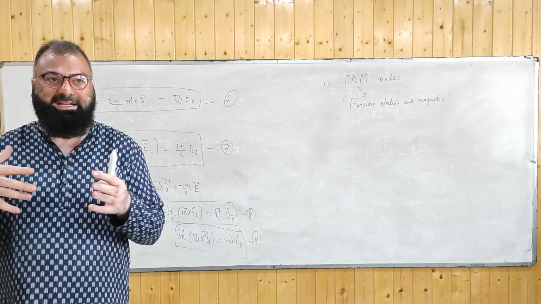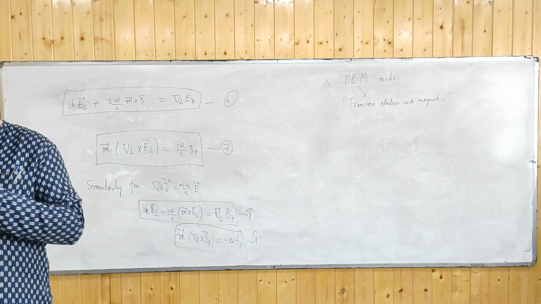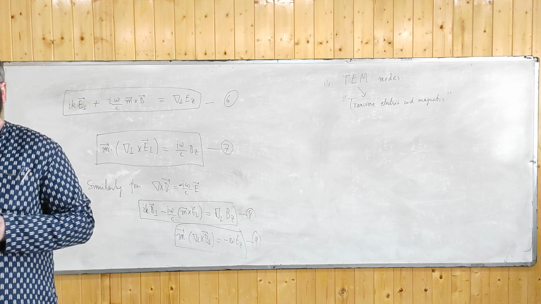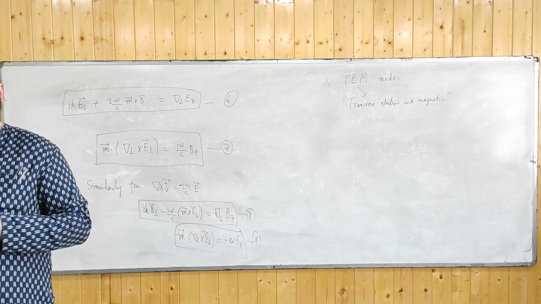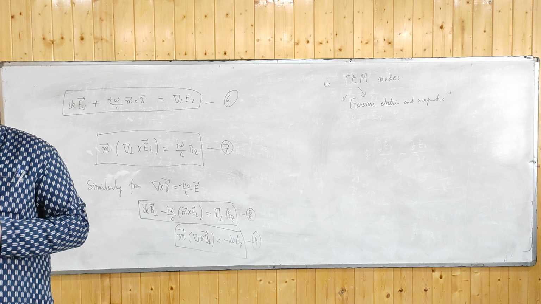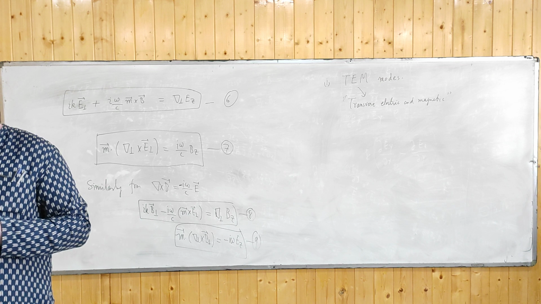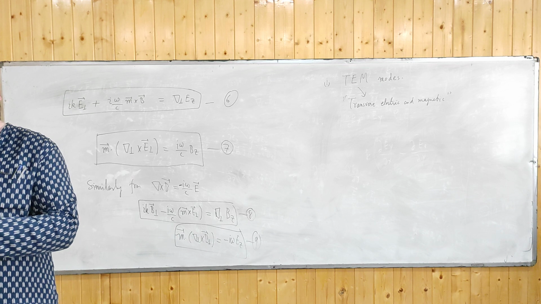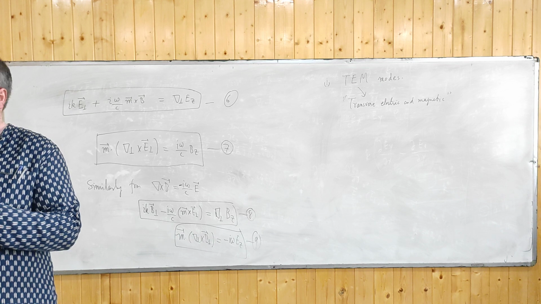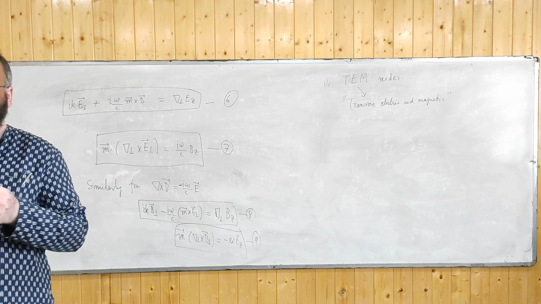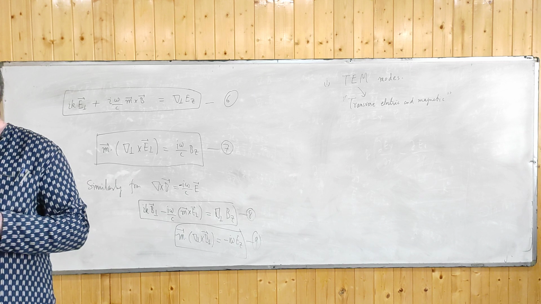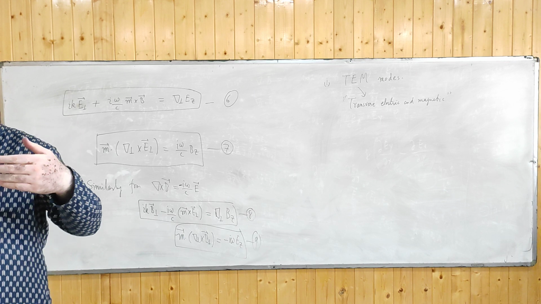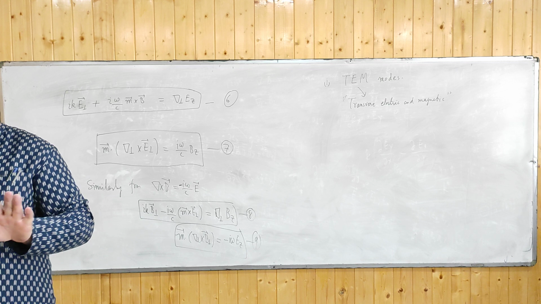So when you propagate a wave, let's say along this very tube, this conductor, let's assume only the transverse modes are surviving in the problem, is it? So what about the longitudinal modes? Those are Ez and Bz, is it? If I am assuming only the transverse modes survive through the entire propagation, then the longitudinal modes I assume to be 0 throughout the propagation.